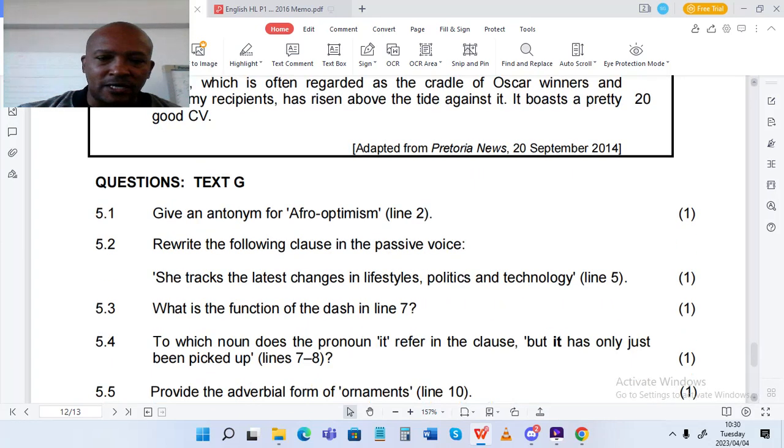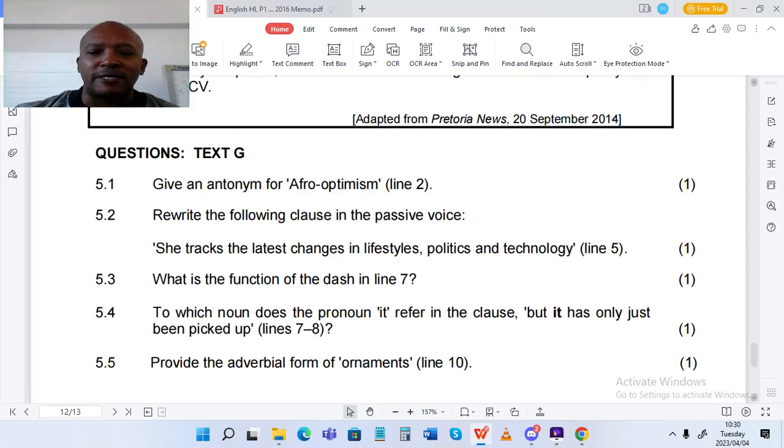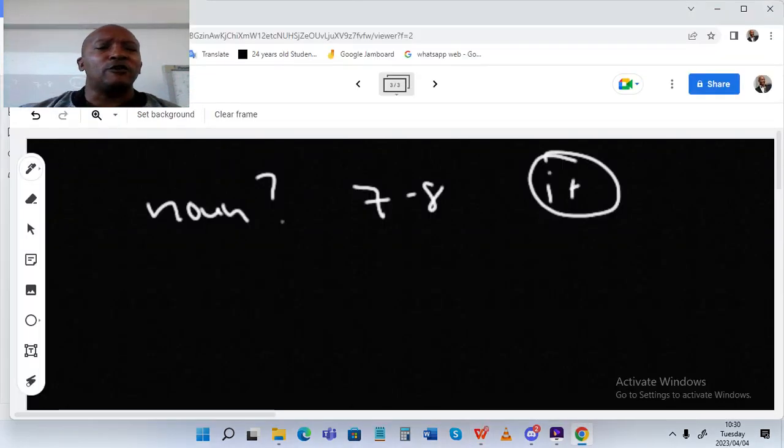What's the function? Is it to provide the adverbial form of ornaments? How do we form the adverbial form? I discussed it with those of them who were in class. If you are Jessica in grade 1, you possibly look like this.